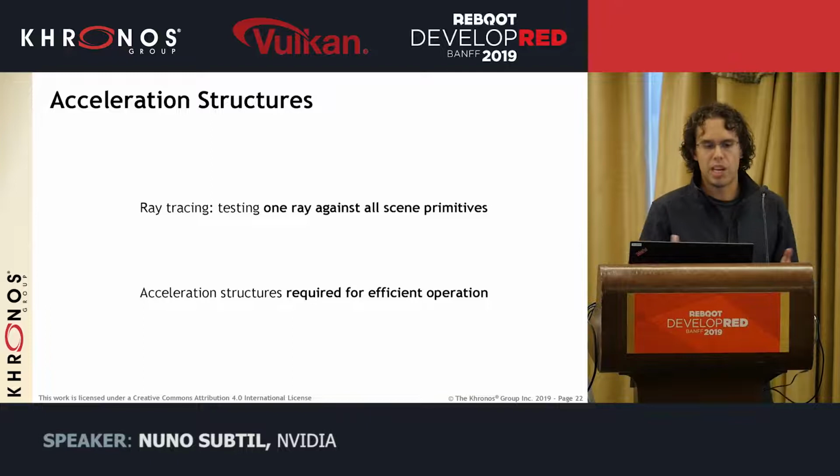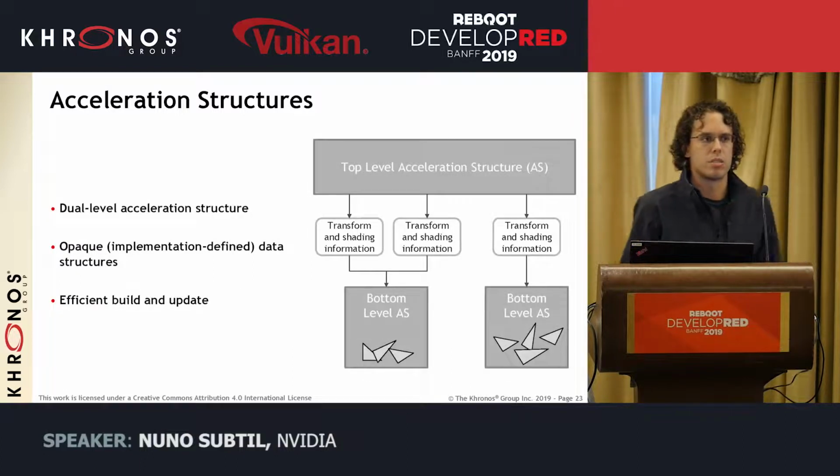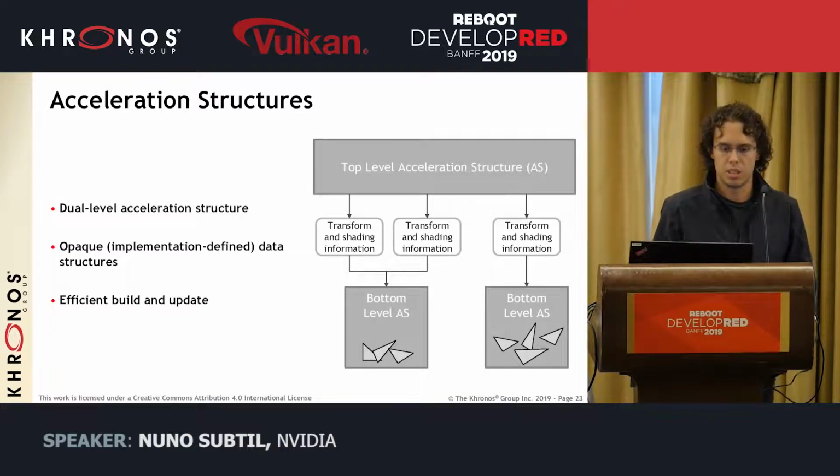So if you have 10 objects, you can compute 1 bounding box per object. You could imagine just intersecting with the bounding box first. If that doesn't intersect, then you know that it cannot intersect with any of the primitives inside that bounding box, so you can cull them immediately, right? That's the concept behind an acceleration structure. And acceleration structures are required for efficient operation. Because of this, we're adding acceleration structures to the API for ray tracing.